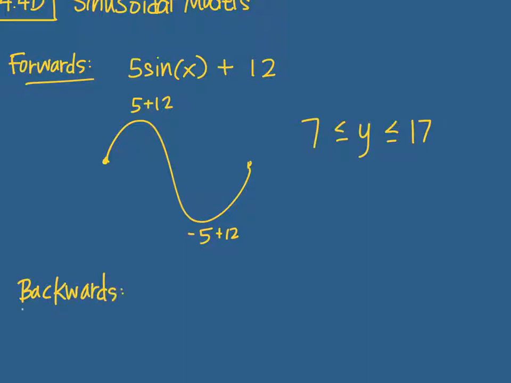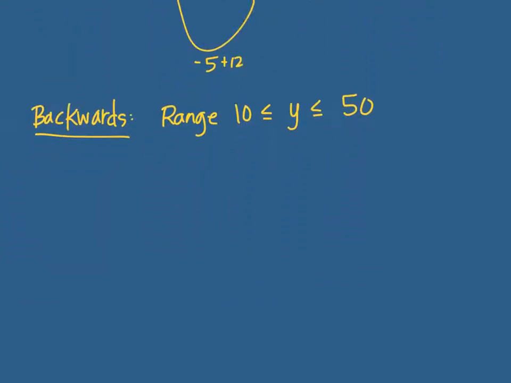Let me tell you that the range is 10 to 50. And it's a sinusoidal model. All right, so freehand a sine, and right now we're at 50 and 10.